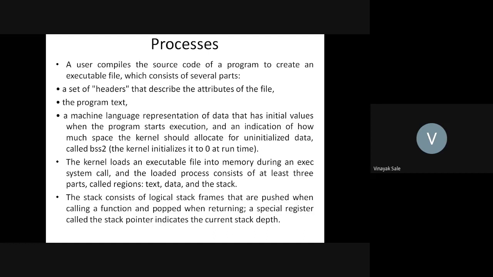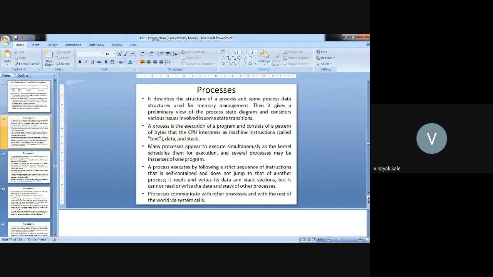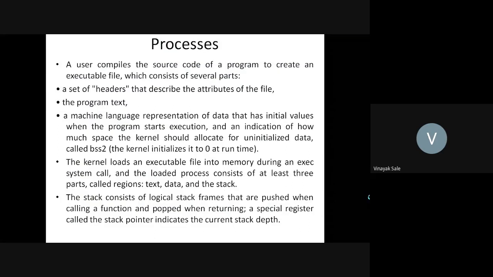First, a set of headers that describes the attributes of the file, and second, the program text, a machine language representation of data that has initial values, and an indication of how much space the kernel should allocate for uninitialized data, called BSS.